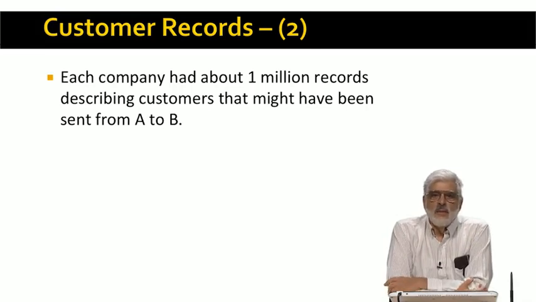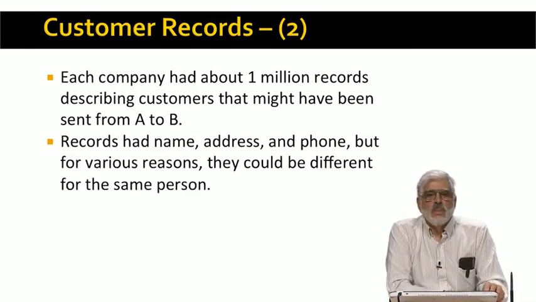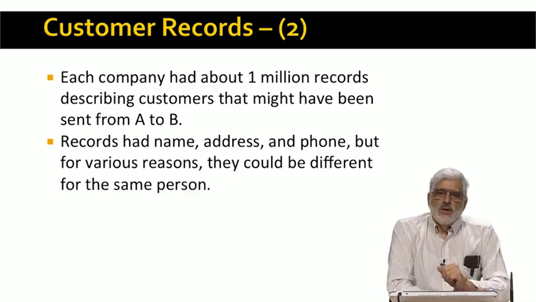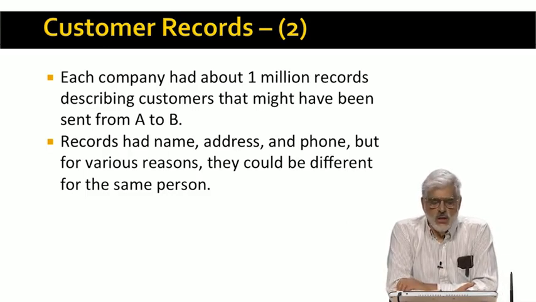That's a tiny database by today's standards, but notice that there are 1 trillion pairs of records, one from A and one from B, that might be the same person. It is way too expensive to examine and evaluate 1 trillion pairs of records. Each record from either company had a name, address, and phone number, but often these were different even for the same person.